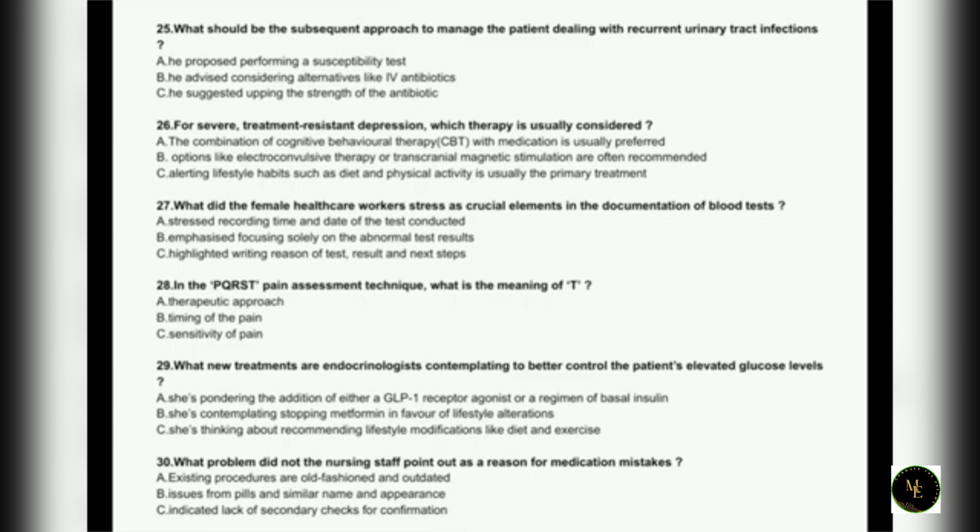Now look at question 27. We've noticed some inconsistencies in how blood tests are being documented, so I want to cover what exactly needs to be included in our documentation.